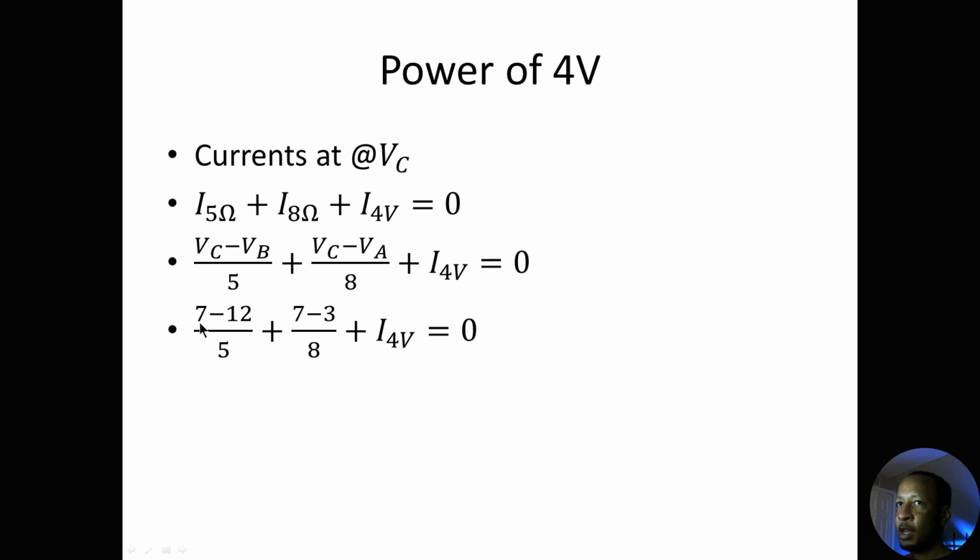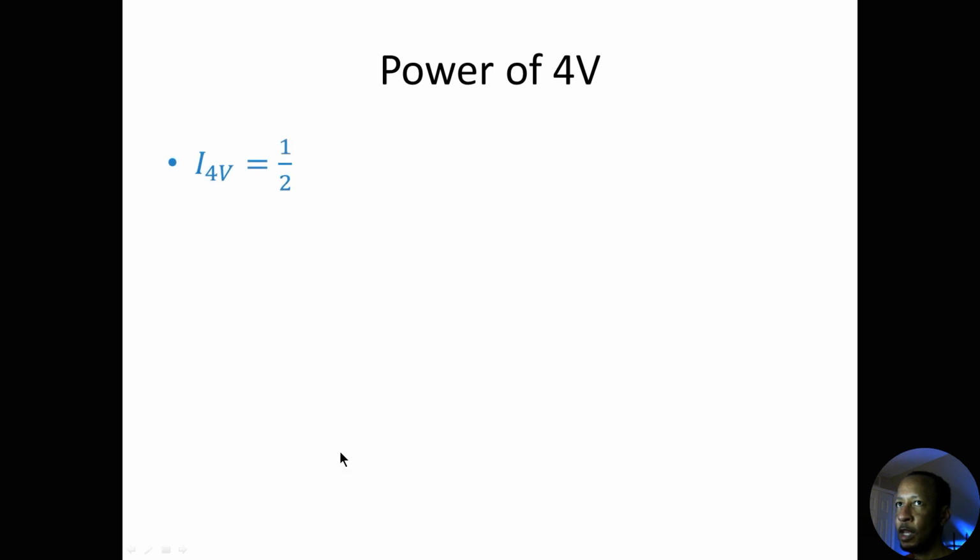And then next we have 7 minus 12 over 5 plus 7 minus 3 over 8 plus I 4V equals 0. Then we have negative 1 plus half plus I 4V equals 0. And then we have negative half plus I 4V equals 0. And then finally I 4V equals half.